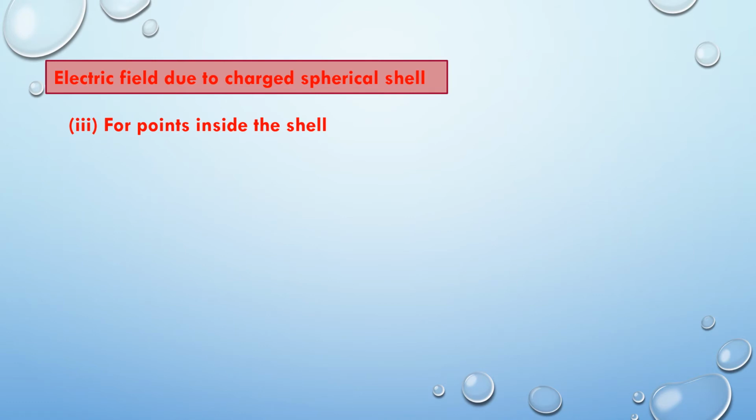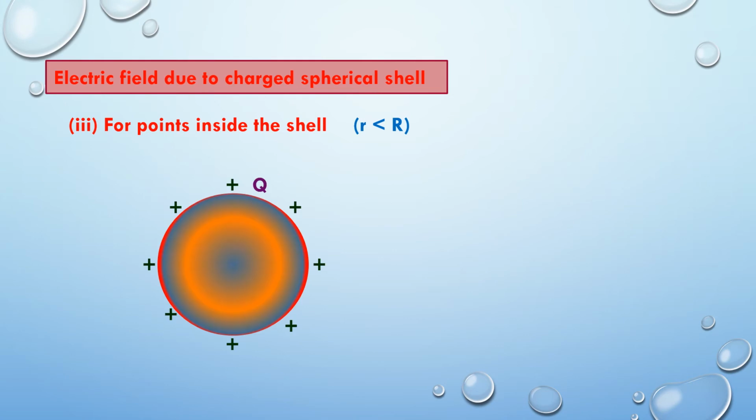Electric field due to a charged spherical shell for a point which is inside the shell. In this case, small r is less than capital R, or the point of consideration is inside the shell. Let us consider this charged spherical shell of radius R, and let this point P be inside the charged spherical shell.